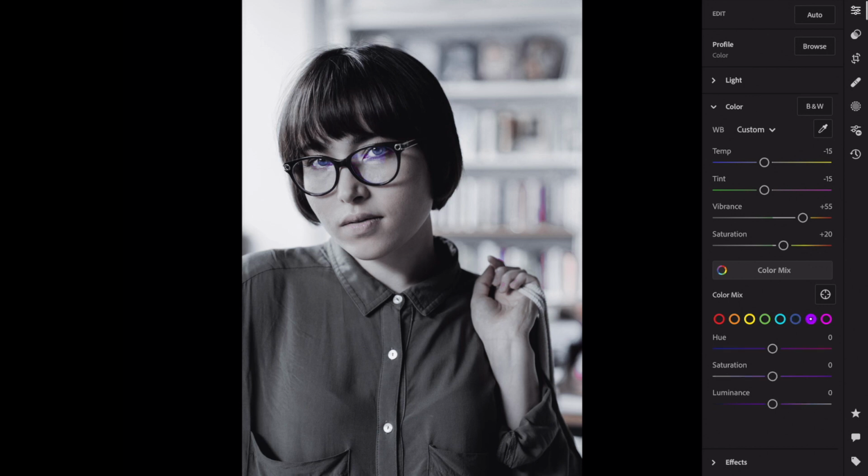Purple, saturation, minus 90. Luminance, plus 63. Magenta. Saturation, minus 100. Luminance, plus 65.